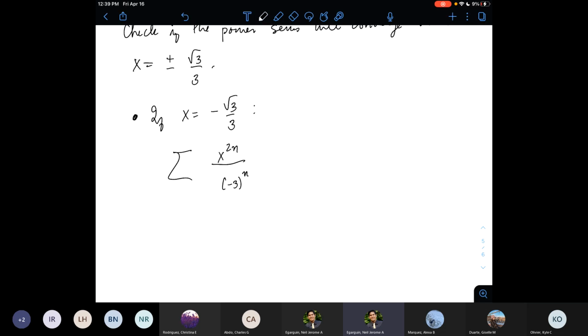If you plug in x equals negative root 3 over 3, actually this will work for both of them because they will be inside a square. So I can merge the two solutions into one, because here I'll have root 3 over 3 quantity 2n all over -3 to the power n, right?